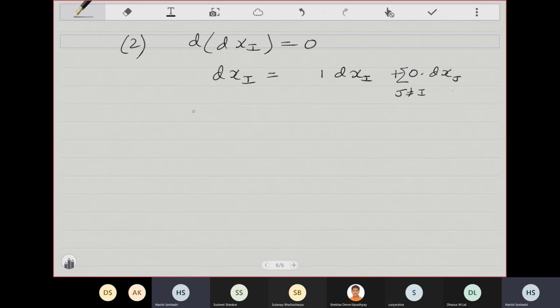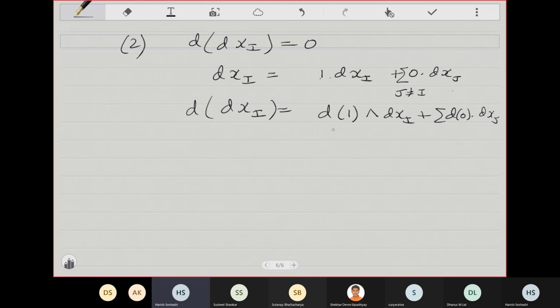So therefore, by definition, d of this would be, I would have to take the partial d of this times this. So d of the constant function 1 times dxi plus d of the constant function 0 times dxj. Obviously, d of a constant function is 0.